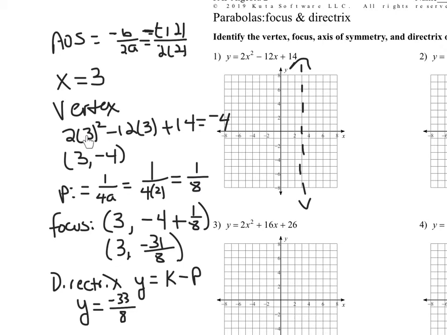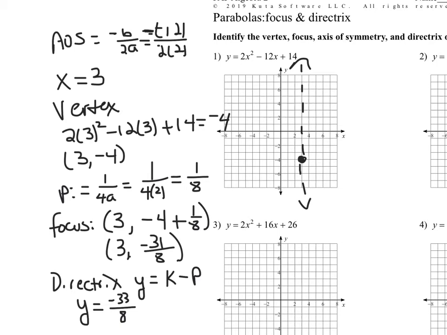That's what I did right here. I substituted the 3 in for x, and I got the value -4 for y. So for my vertex, my coordinate is (3, -4). I can go ahead and put that value in, (3, -4). That's about right here. So there's my vertex.